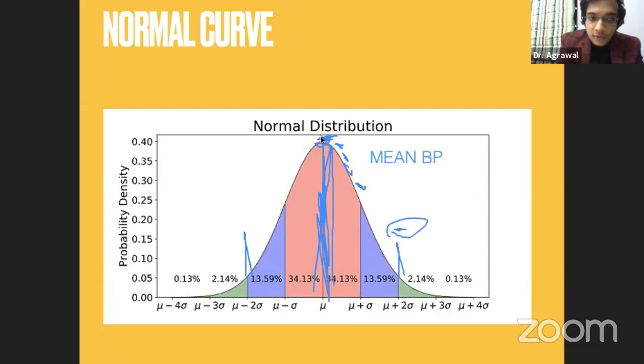Same here. Suppose this is 160, this is 150, 140, 130, 120, 110, 100, and the odds of you finding someone with a BP of 90 will be super low, right? So this table basically shows the distribution of the findings that you have.